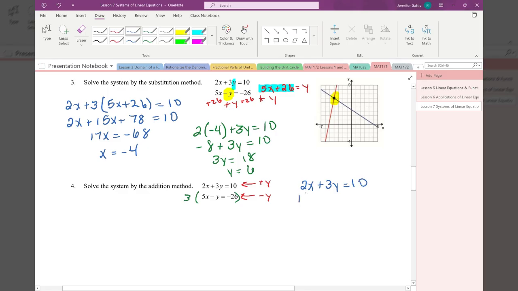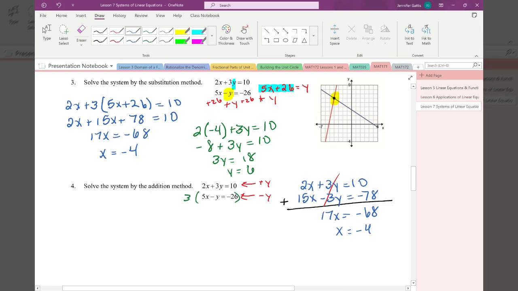And 15x minus 3y is equal to negative 78. And then the reason why it's called the addition method is because we're going to add these two things together. And the reason why I like to call it the elimination method is because we are eliminating the y term. And you end up with 17x is equal to negative 68, and x is equal to negative 4.